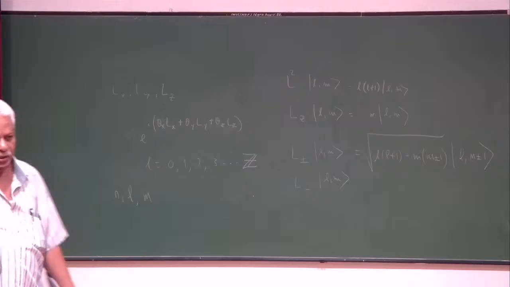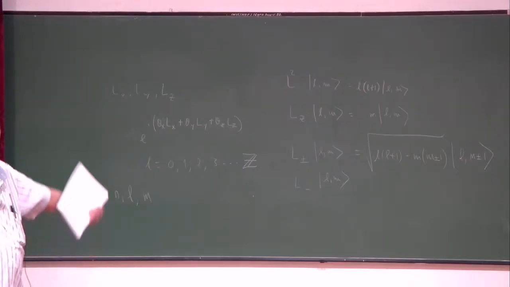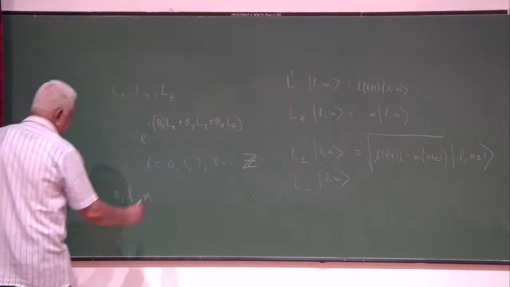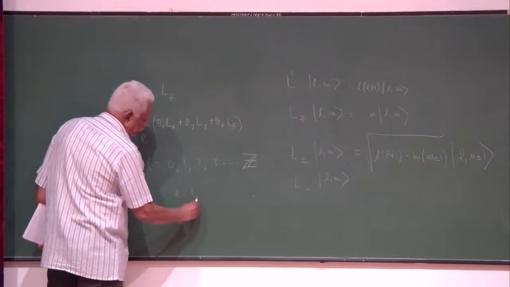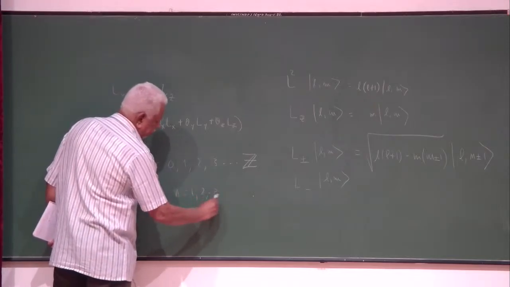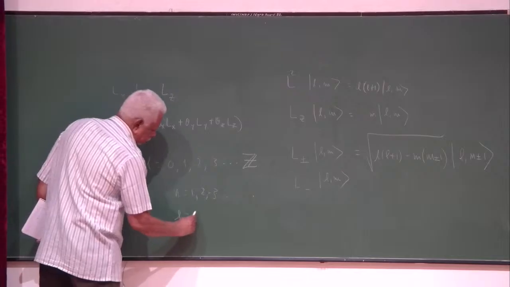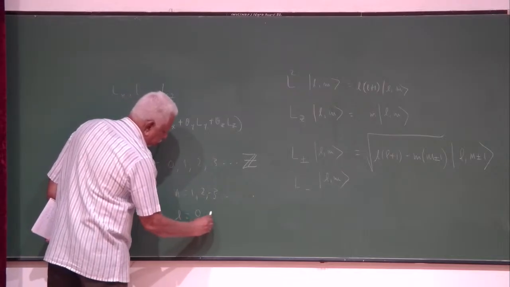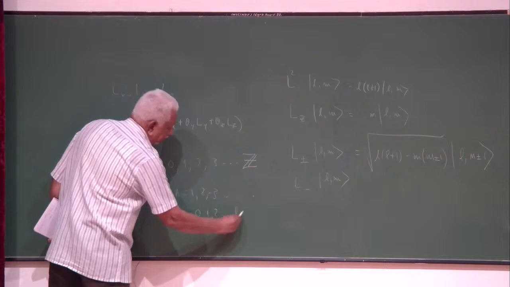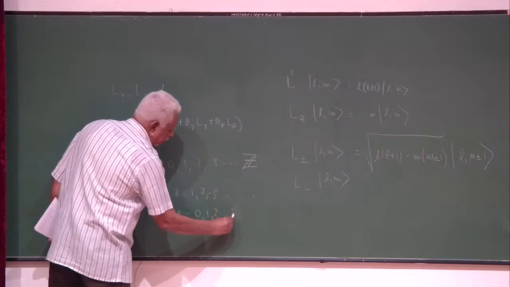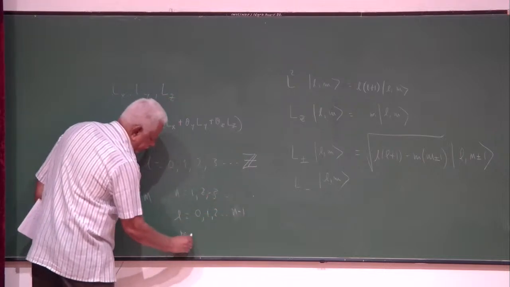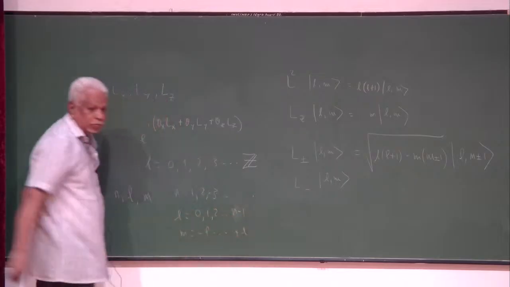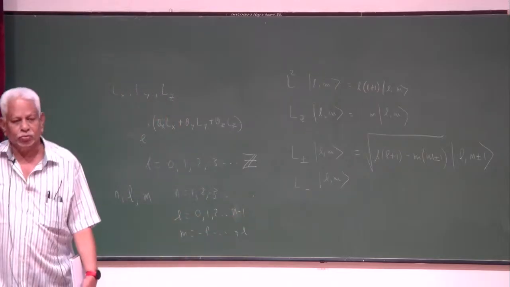That is what you are taught, right? All of you are taught these three things. n goes 1, 2, 3 up to infinity. L is 0, 1, 2 up to n minus 1. M is minus L to plus L. This is what you have.